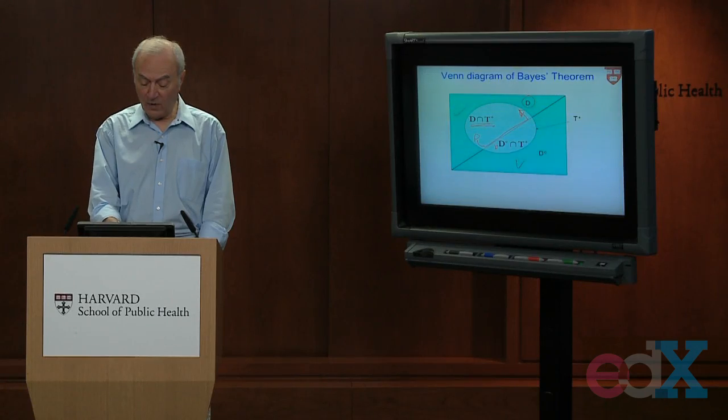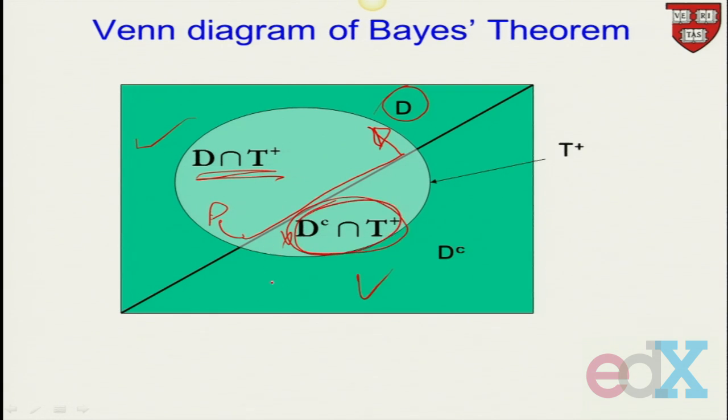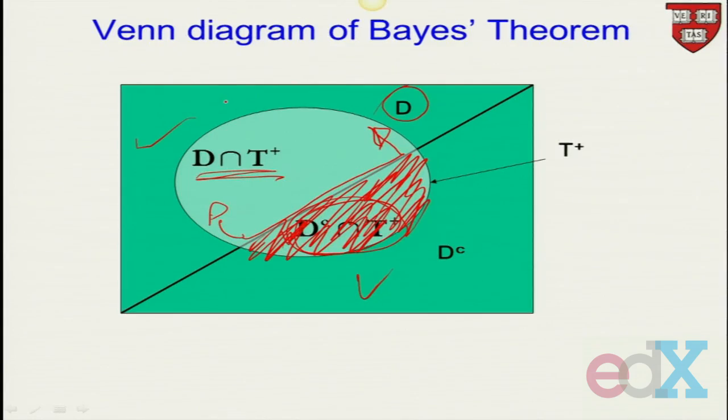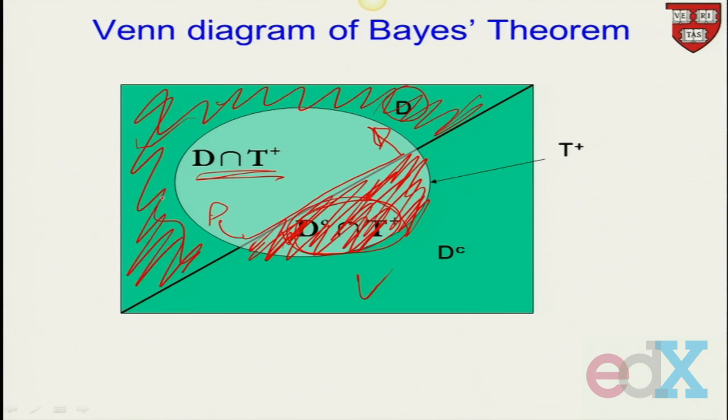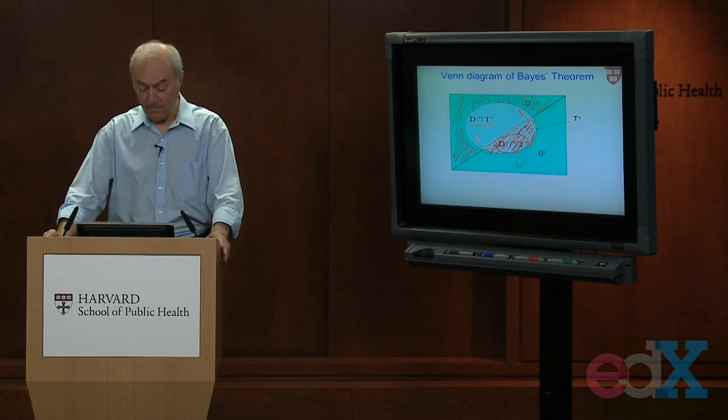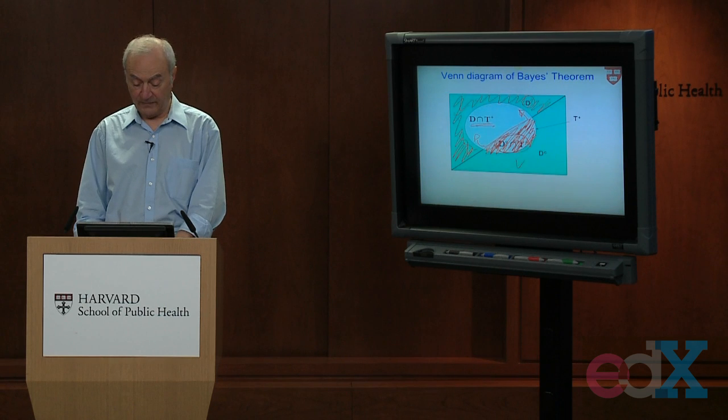Now, if we had a perfect test, there would be nobody here without the disease who tests positive. So this would disappear. Also, the people with the disease who don't test positive, all these people out here, would disappear. So if we had a perfect test, this is what it would look like. But we don't have a perfect test.